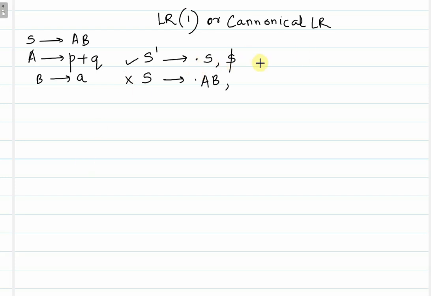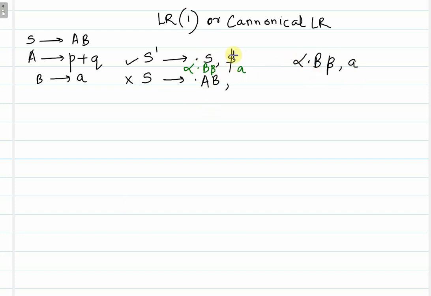Consider the production S' → .S, $ and map it to α.Bβ, A. The first symbol after the dot has to be a non-terminal symbol, that is B. Whatever is present after that is β, and this A after the comma corresponds to the lookahead symbol. Mapping to α.Aβ form, S will be capital B, and whatever is there after that is considered β, and after the comma it is considered A.